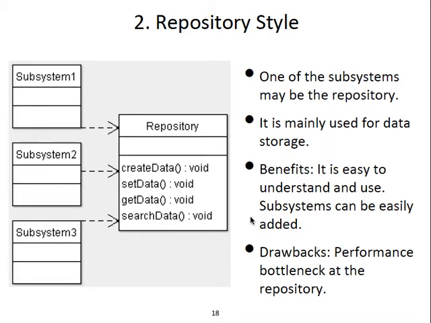Also, of course, you can assign the repository to one type of hardware, and each subsystem can be assigned to one type of hardware. The drawbacks are that the repository can be a bottleneck.